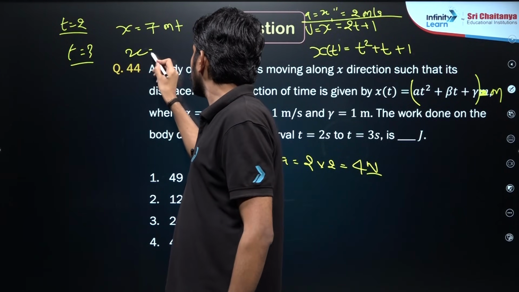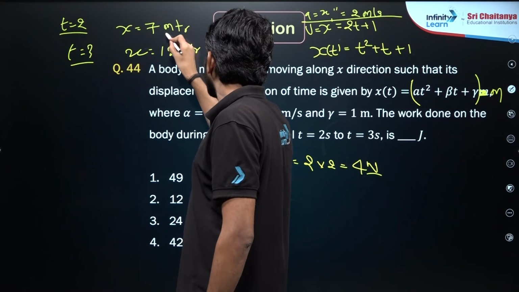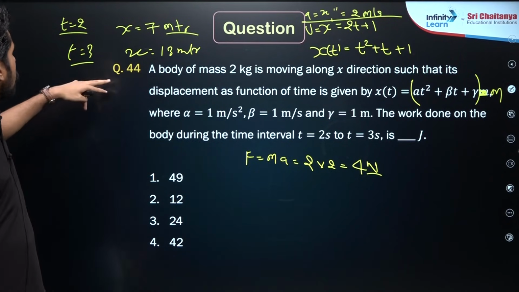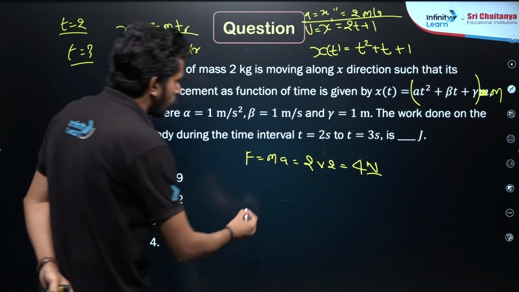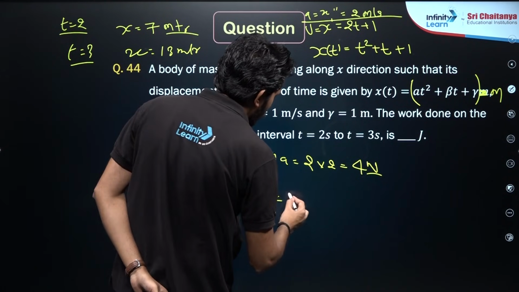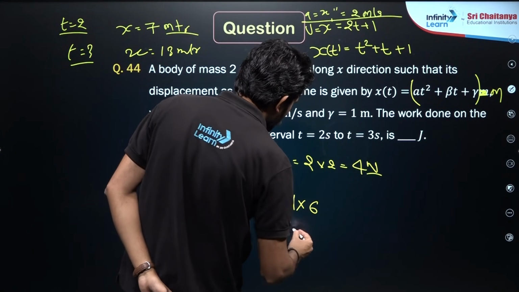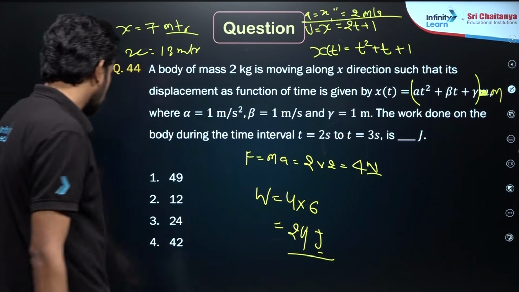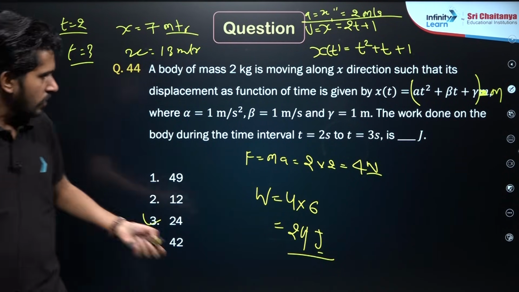So x will be at 13 meter. Okay, so displacement is what? Displacement is 13 minus 7, 6. So work is what? Force into displacement, 4 into 6. So that gives 24 joules, right, in SI. So which option is correct? Third option. Simple.